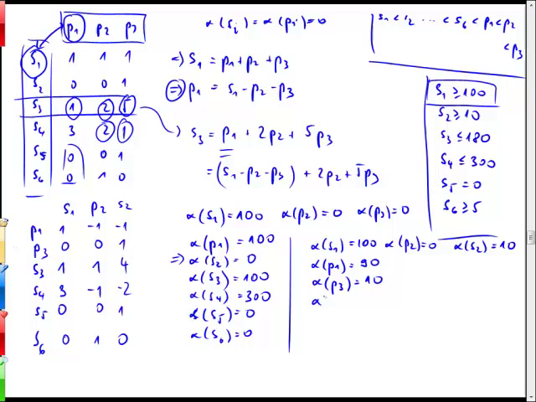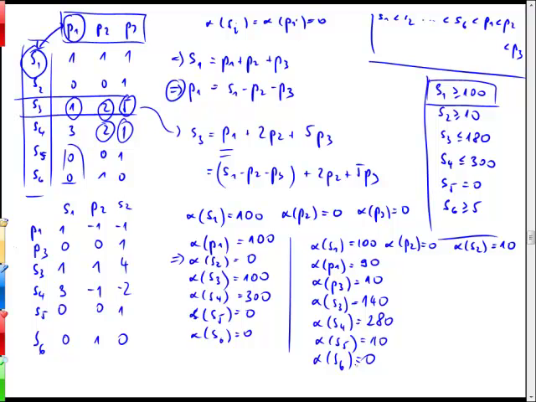S3 is 1 times S1 plus 4 times S2, so 140. S4 is 3 times S1 minus 2 times S2, so it is 280. For S5 we have just 10, and for S6 we have 0.